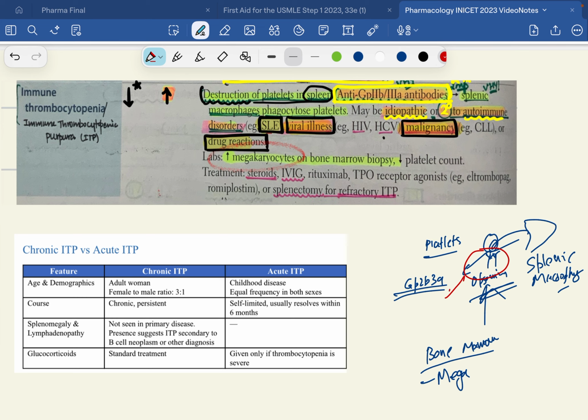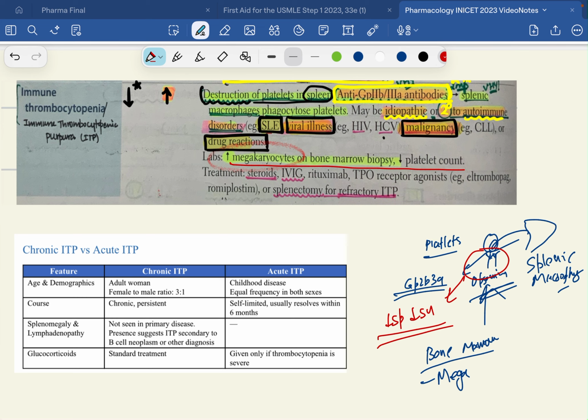You can take a sample and test for this, but the specificity and sensitivity of this test are very low, so it is not very commonly used. Next, these are the diagnostic findings: increased megakaryocytes on bone marrow biopsy and decreased platelet count. I am saying these are diagnostic findings, but moreover, these are pointing towards the diagnosis of ITP. We have to rule out other causes of thrombocytopenia before coming to a diagnosis of immune thrombocytopenia.